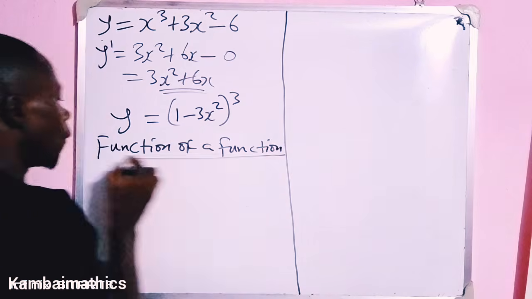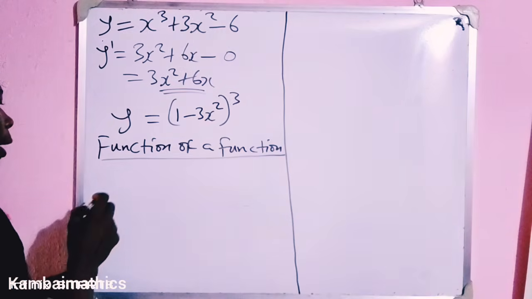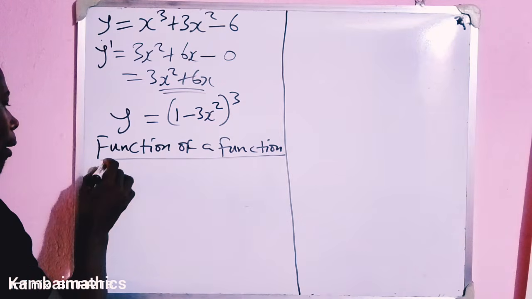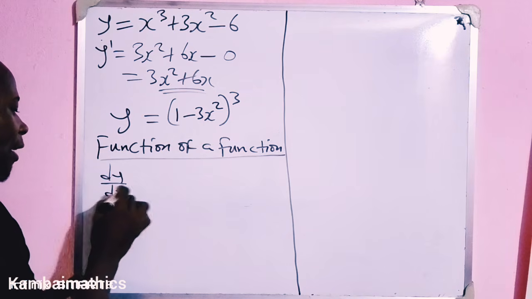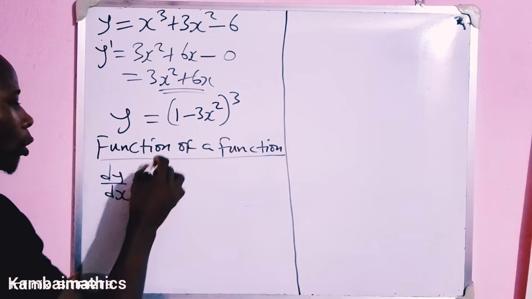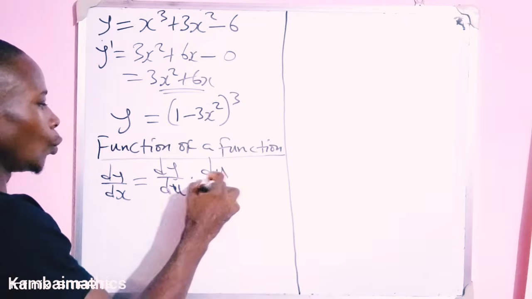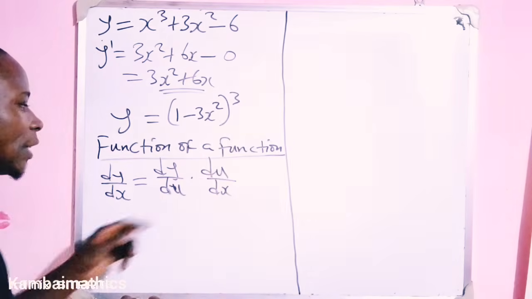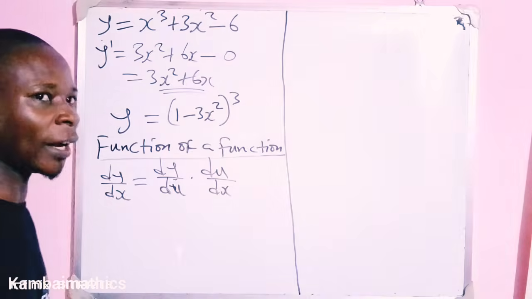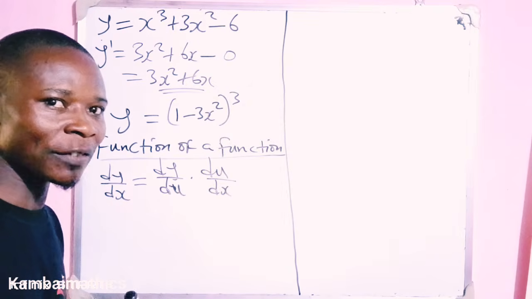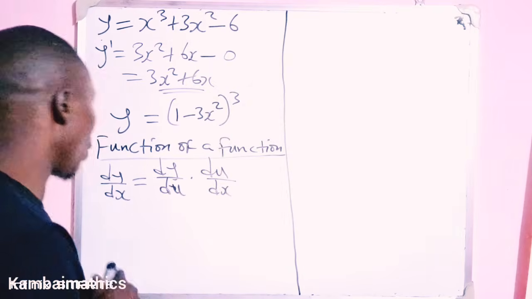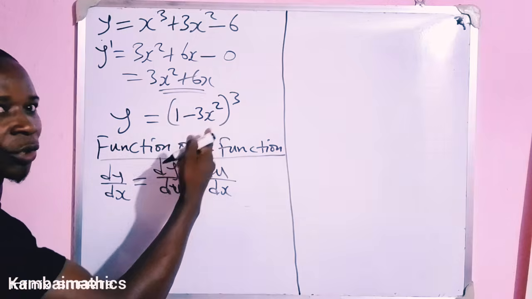For a function of a function, we have the formula: dy all over dx is equal to dy all over du times du all over dx. So in this case, we have introduced another variable, u.